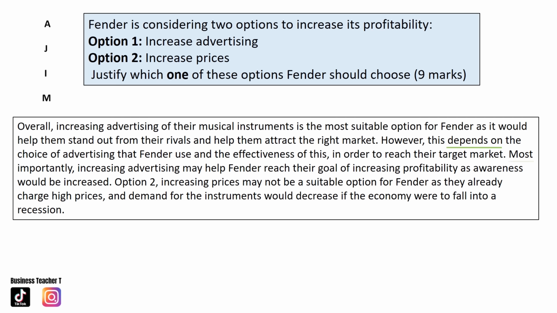Most importantly, increasing advertising may help Fender reach their goal of increasing profitability, as awareness would be increased. Option 2, increasing prices, may not be a suitable option for Fender, as they already charge high prices, and demand for the instruments would decrease if the economy were to fall into a recession.